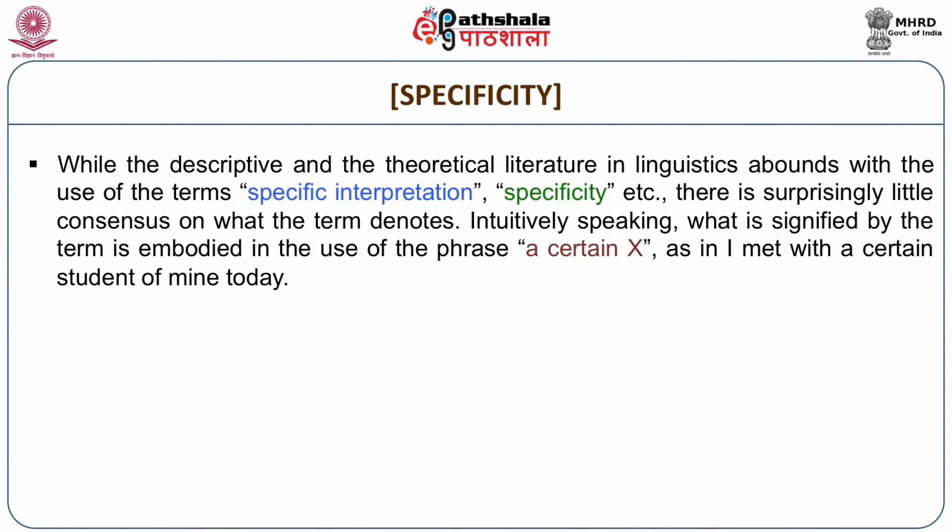A third kind of semantic interpretation that noun phrases can get is what has been called in the literature a specific interpretation. There is surprisingly little consensus on what the term denotes, and different authors use the notion of specific interpretation distinctly. Intuitively speaking, what is signified by the term is embodied in the use of the phrase "a certain X," as in "I met with a certain student of mine today."